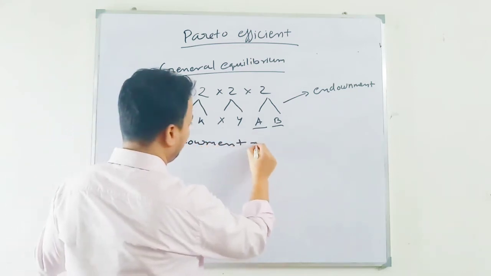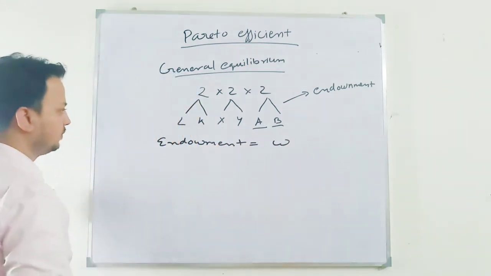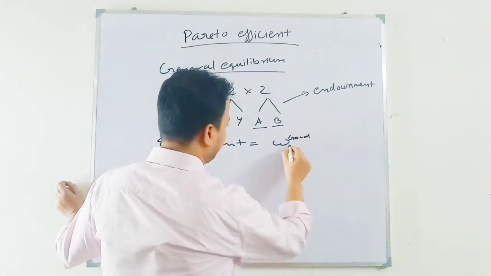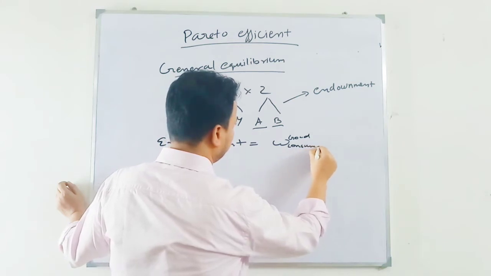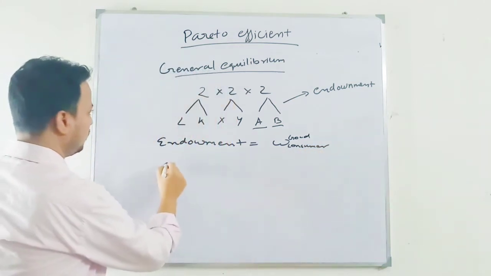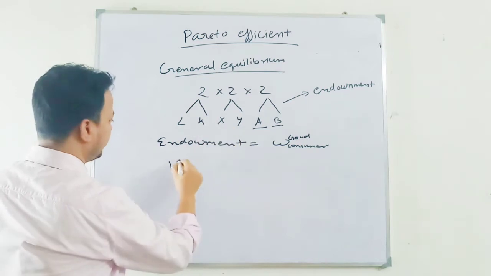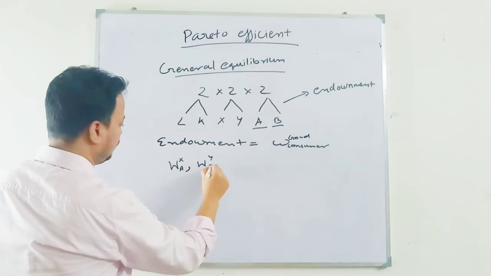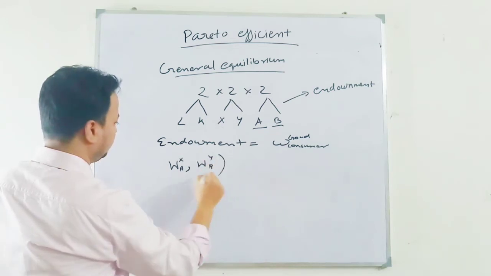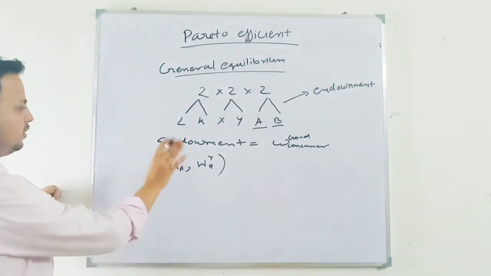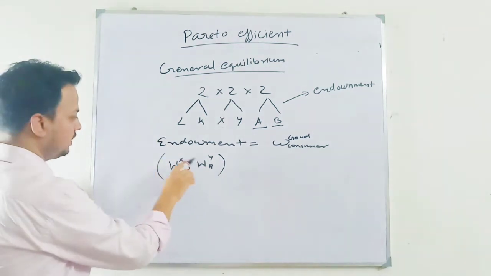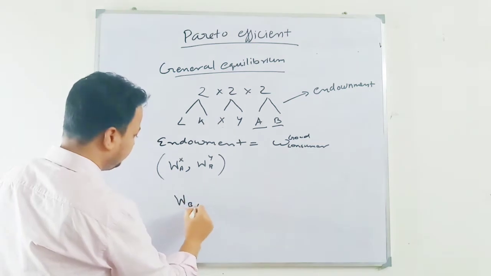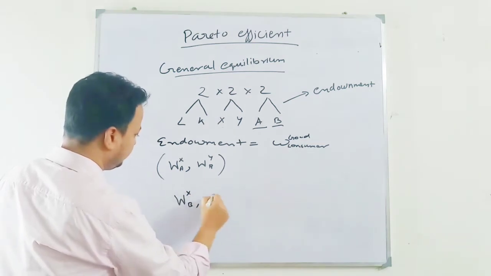We do not use W, though every book uses W. Here on top we write goods, and here we write consumers. So the endowment of good X with consumer A, the endowment of good Y with consumer A. Initially there is no production, so consumer A has an endowment of goods X and Y. Similarly, consumer B will have an endowment of X and Y.